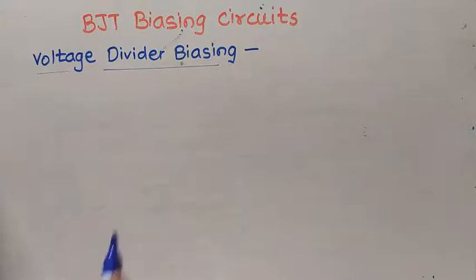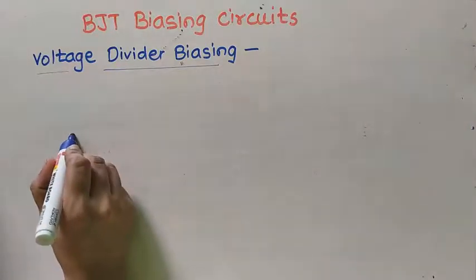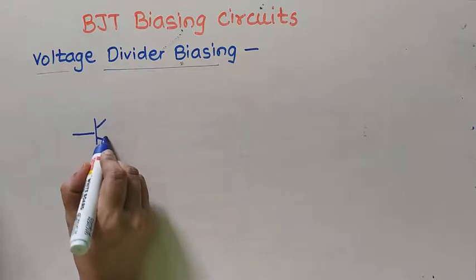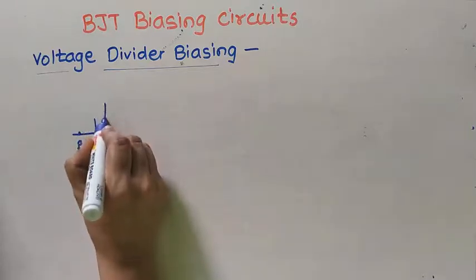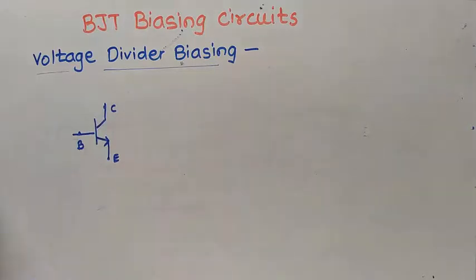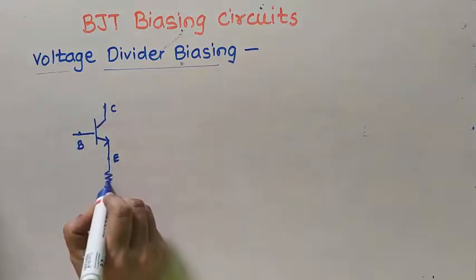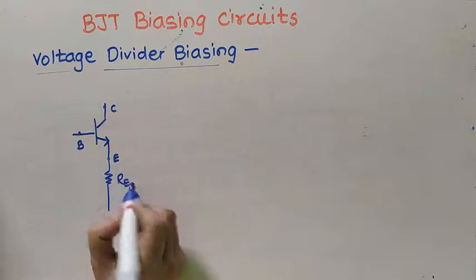So in voltage divider biasing circuit, this is our BJT, with base, emitter and collector terminals. At emitter, one resistor is connected, called RE.